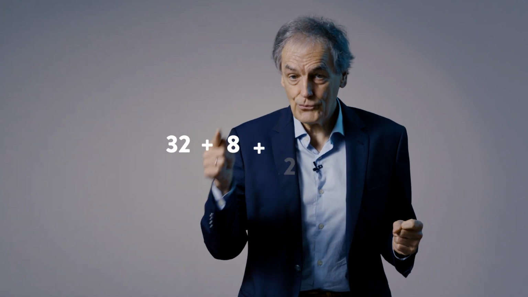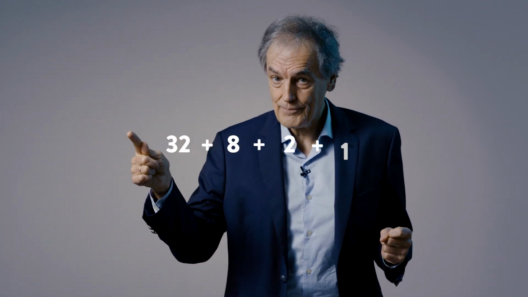It's not too difficult. Let's take, for example, 43. 43 is the sum of 32 plus 8 plus 2 plus 1. So it's a sum of powers of 2.